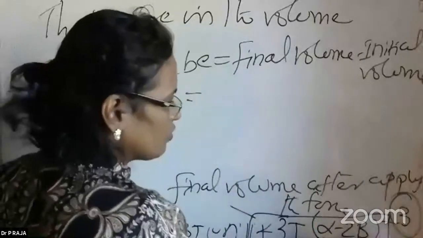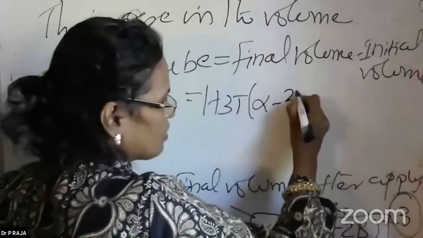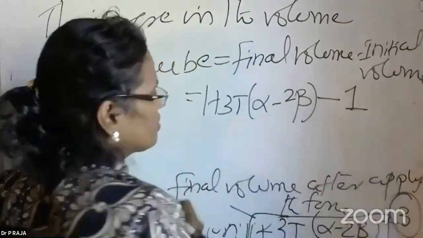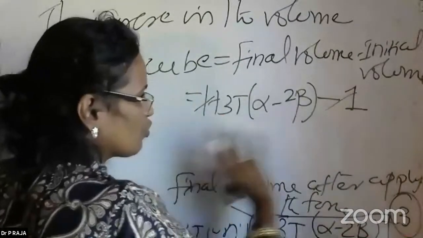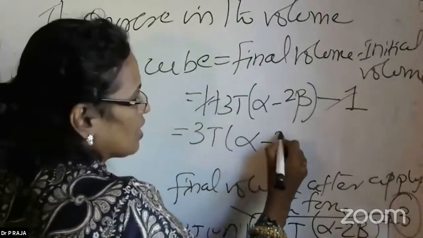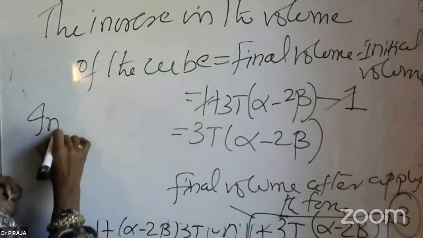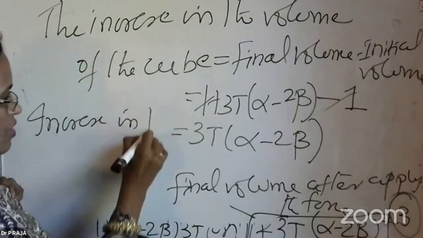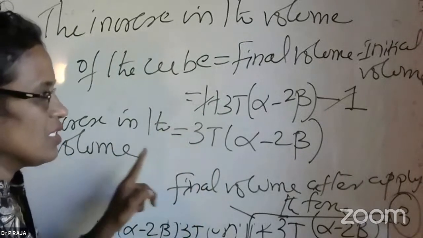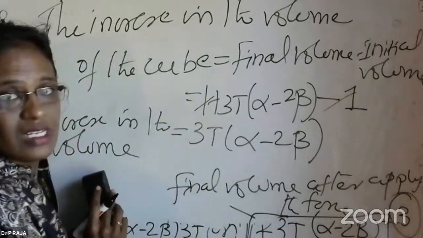So the final volume is 1 plus 3t into alpha minus 2 beta, minus the initial volume, which is 1. This 1 and 1 will go off, so you'll be left with 3t into alpha minus 2 beta. So the increase in the volume is given by 3t into alpha minus 2 beta. Hope it is clear to you all.